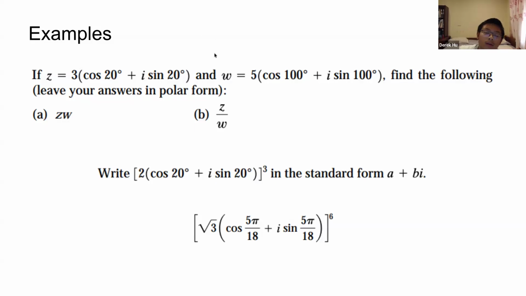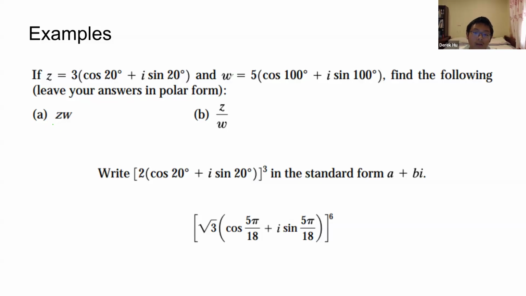All right, it's now been about 5 minutes, so I'll go over the solutions to these. So here we have z equals 3 cosine 20 degrees plus i sine 20 degrees, and w is 5 cosine 100 degrees plus i sine 100 degrees. To find z times w, we can just directly apply the multiplication rule for polar form of complex numbers.